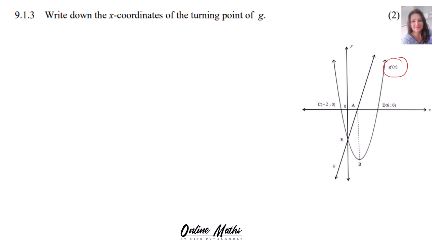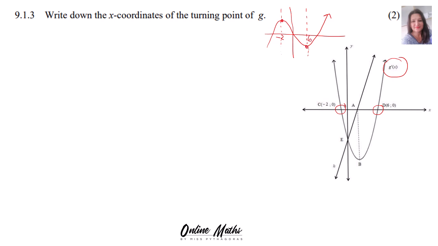This means this x-intercept there and the x-intercept there, in the original function, which was something like that, the x of the turning point would be at -2, and the x of the other turning point would be at 6.